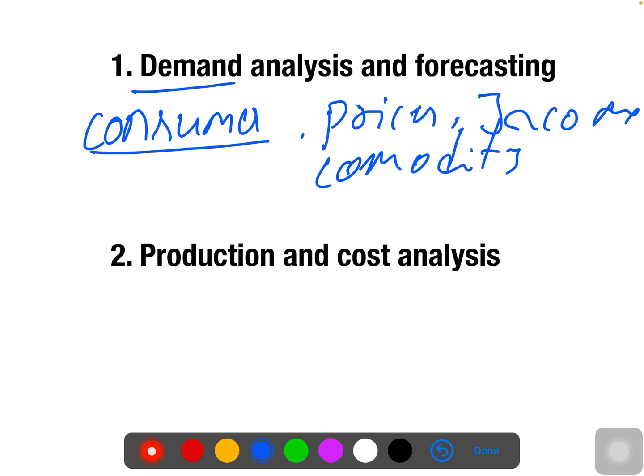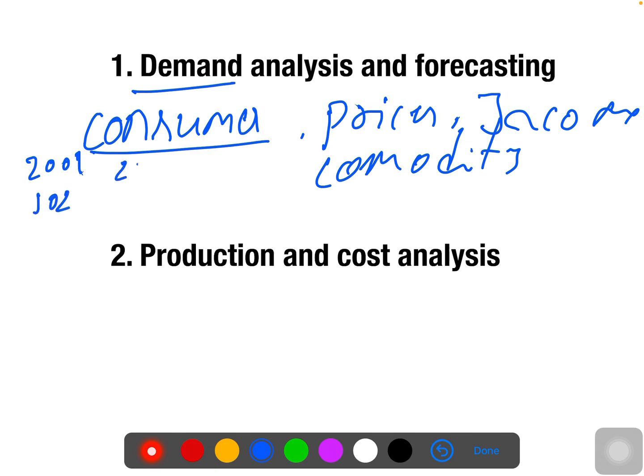On the other side, we have forecasting. It can be demand forecasting. Forecasting is nothing but predicting the future. So again, we're going to become a Jyotishi for the future. Let me give you an example.